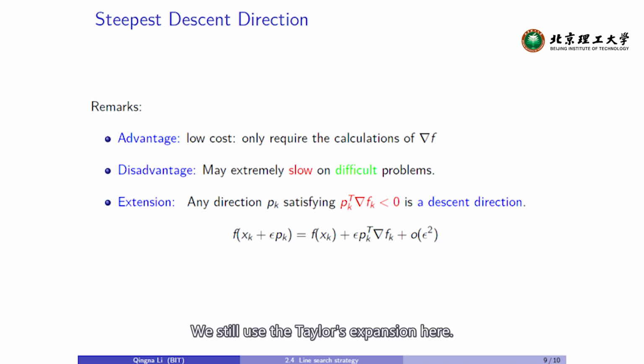We still use Taylor's expansion here. We move from xk along pk with a very small step size epsilon.